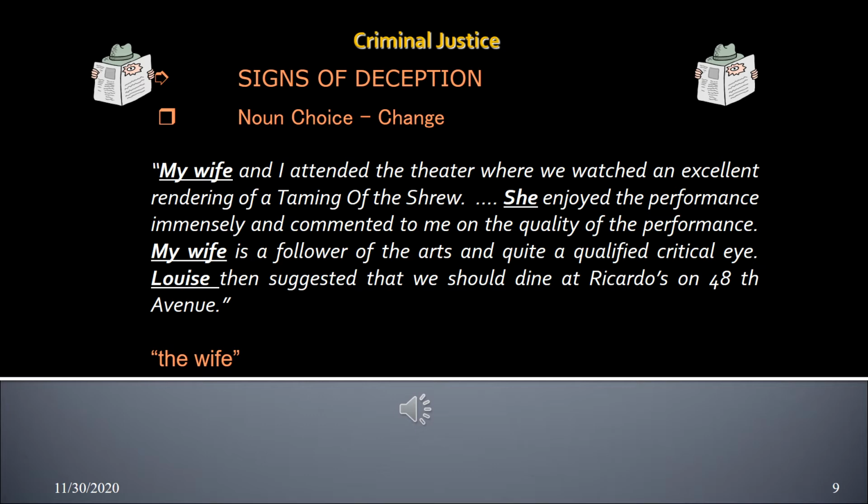Okay. So the inconsistency, obviously, is that it changes from my wife, she, to all of a sudden he calls her by name. Now we'll also see occasionally where the opposite is the case, and the person will be referred to by name, and then they refer to him as he or she, or in some cases even it, after the person has been dispatched and died.